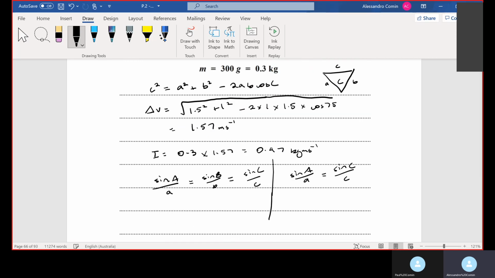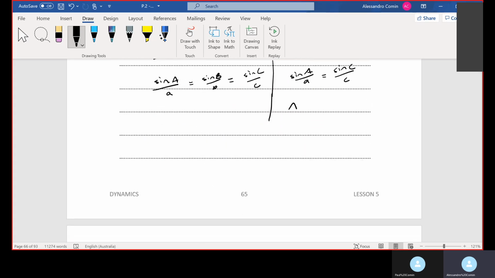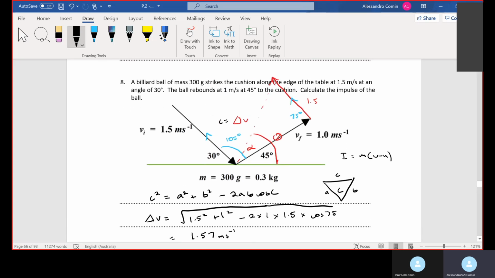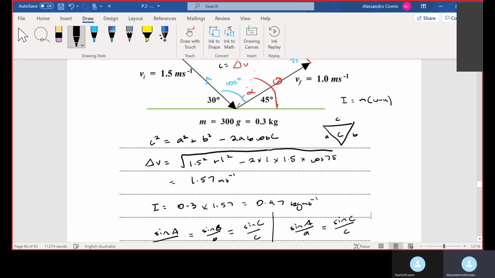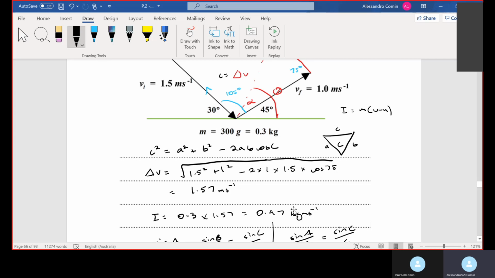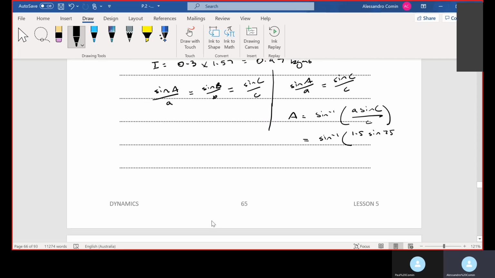So A is going to be inverse sine of a sine C on c, which is equal to inverse sine of 1.5 sine 75 divided by c. c is the length of the side that we calculated, which is delta V, and that's 1.57.